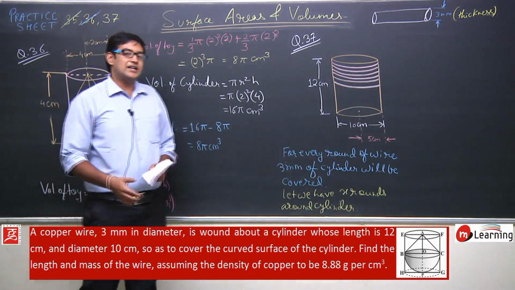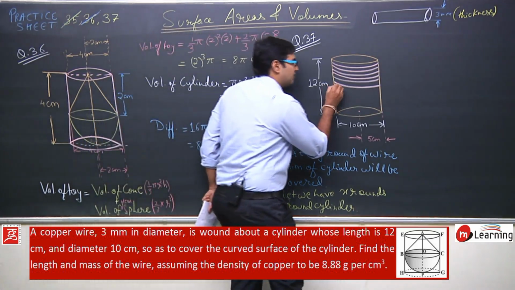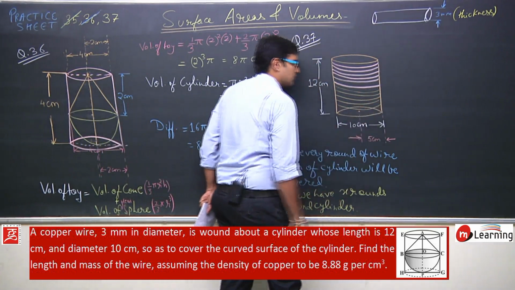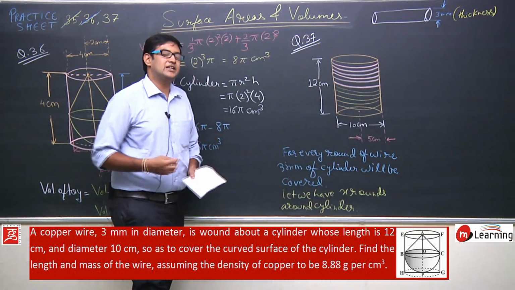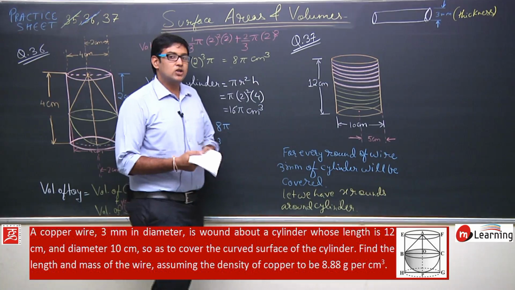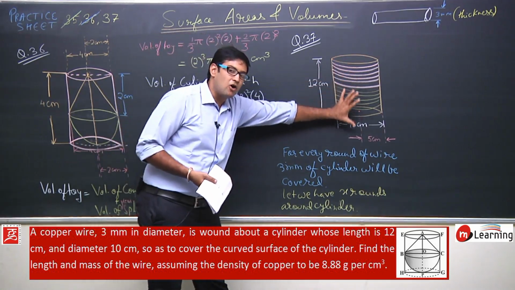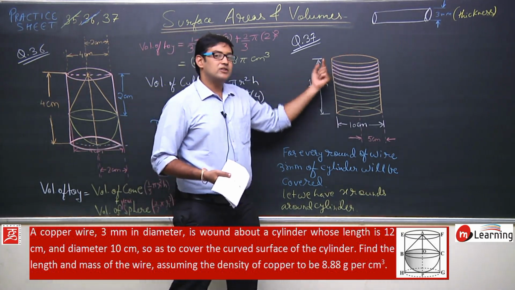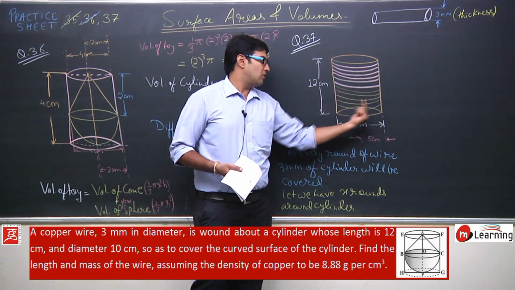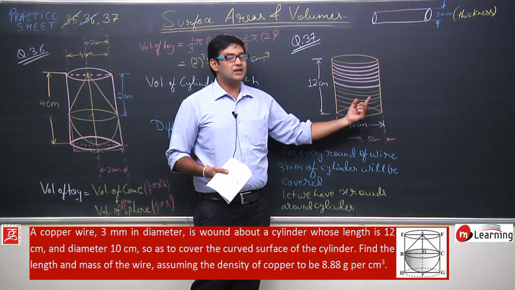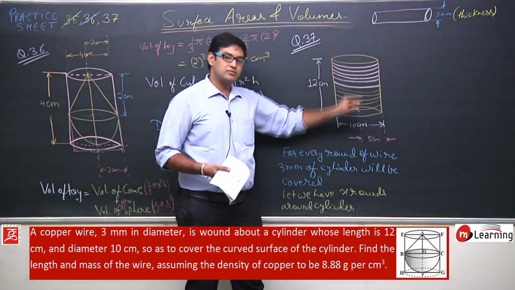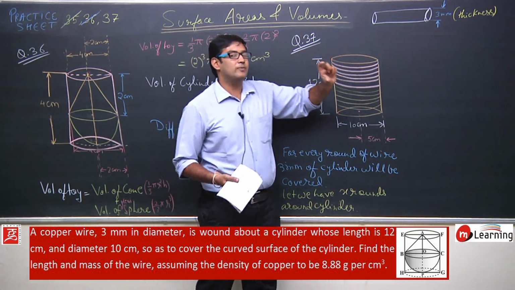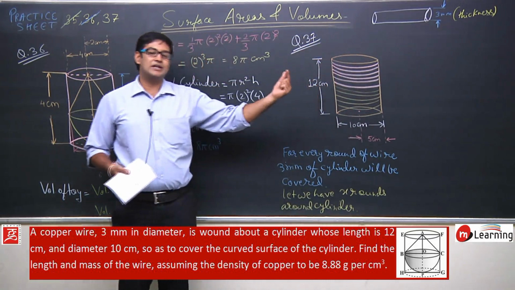So what should be the condition? The number of rounds around this cylinder should be such that the cumulative thickness of all the rounds should be equal to 12 centimeter.